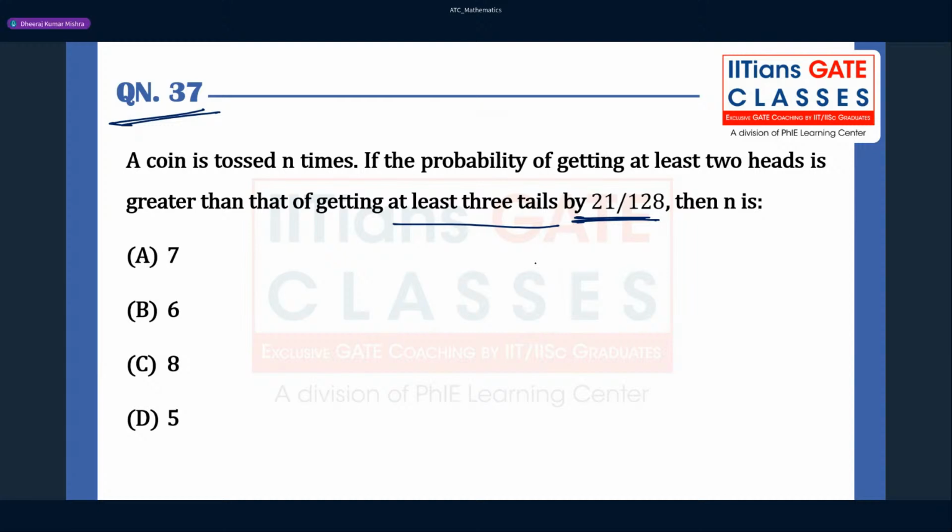You can solve this question in one line also, right? So a coin is tossed n times, and the probability of getting at least two heads is greater than that of getting at least three tails, right?